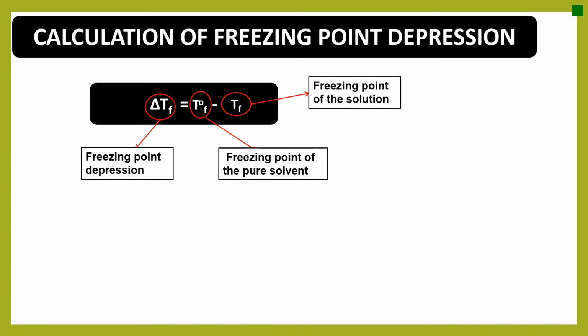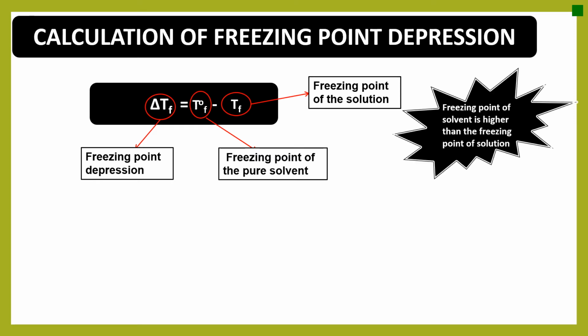As you can see, delta TF is the freezing point depression, and then T0F is the freezing point of the pure solvent, and then TF is the freezing point of the solution. So the difference gives the freezing point depression.